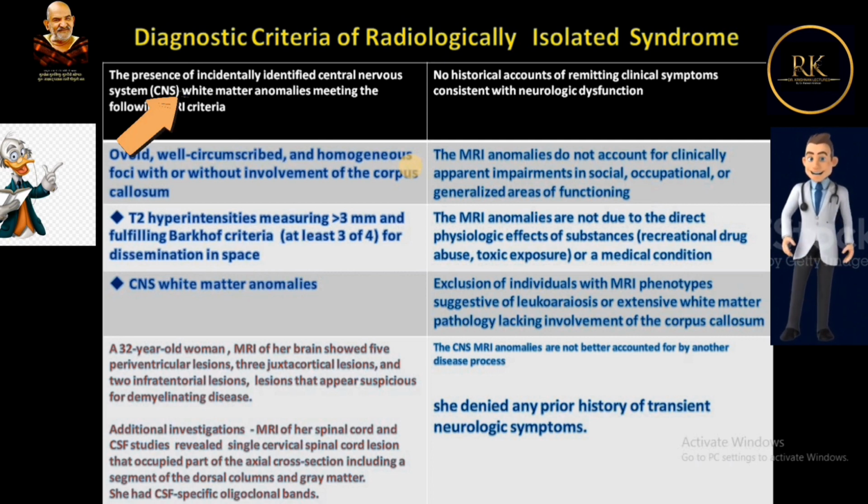Therefore, the presence of incidentally identified CNS white matter anomalies, the first criterion for radiologically isolated syndrome, is met.